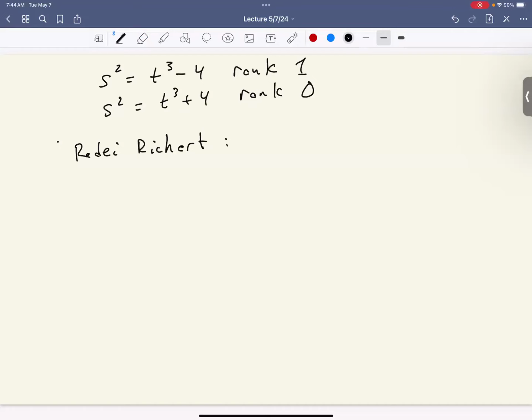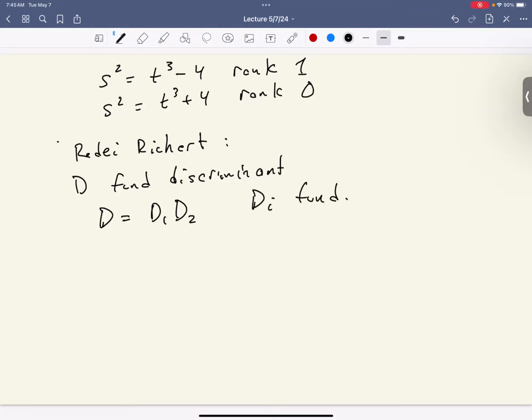So they proved this. If you take D as a fundamental discriminant, in the usual sense, and you look at its decompositions, where these factors are relatively prime and also fundamental. Now, counting these decompositions is the same as counting elements of order 2. But what they did is they said, well, if you put an extra quadratic reciprocity condition on these, you can count the number of invariants divisible by 4.